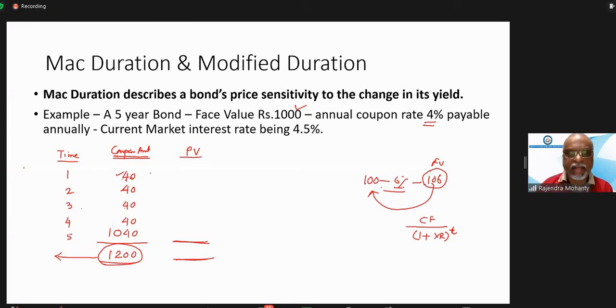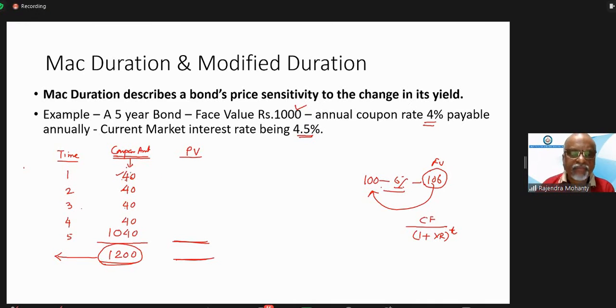So here yield rate is how much? 4.5%. Coupon rate is not required at all. Coupon rate is for calculating the coupon amount. Next, we will always deal with the market rate. So yield rate is the market rate.